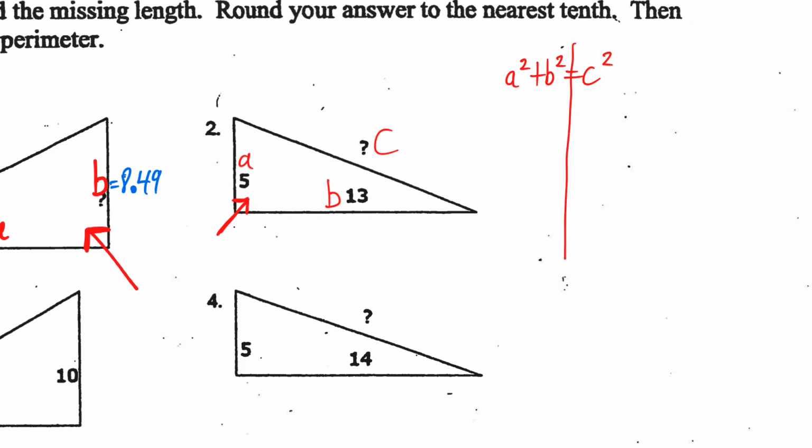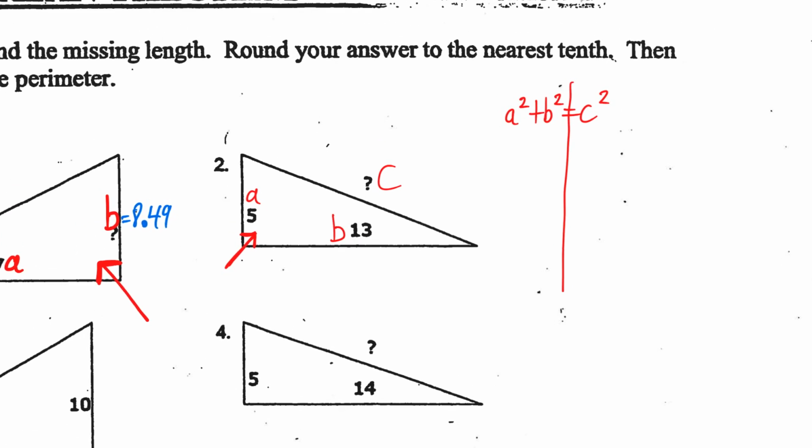So what's my A value? 5. So I've got 5 squared plus 13 squared equals x squared. So we have 5 squared is 25, 13 squared is 169 equals x squared.